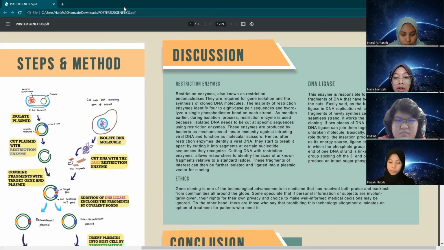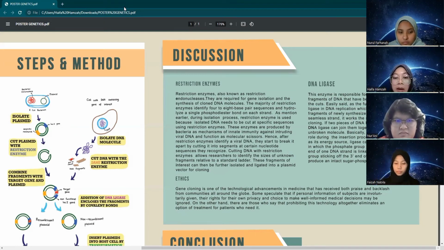The majority of restriction enzymes identify 4 to 8 base pair sequences and hydrolyze a single phosphodiester bond on each strand. As mentioned earlier, during the isolation process, restriction enzyme is used because isolated DNA needs to be cut at specific sequences using restriction enzymes.